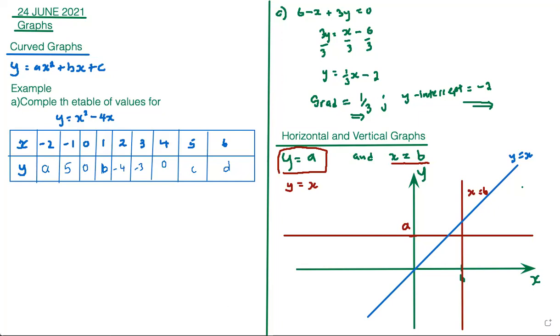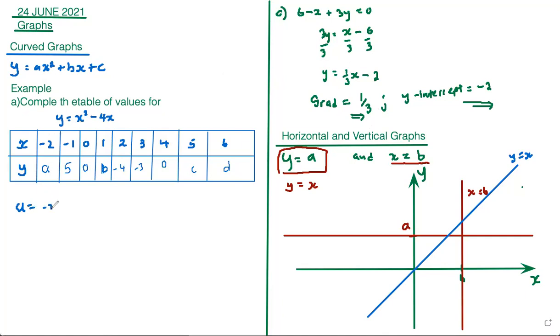The calculation is simple. It's the normal calculations we've been doing. You just substitute, okay? You want to find this value A. I'm going to use this equation. Y is equal to A, so you substitute. We're going to have A is equal to, where there's an X, you put -2.